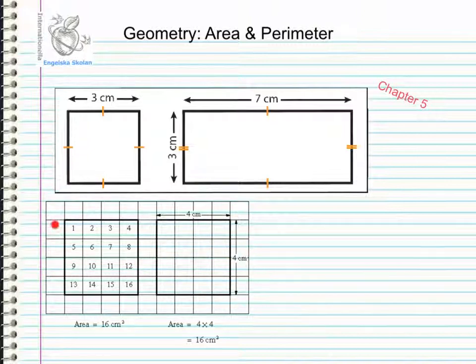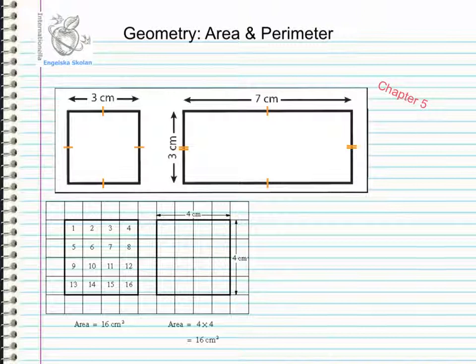If we take a look at this part of the square, we can see that it has been counted 1, 2, 3, 4, all the way up to 16. And this is showing us that the inside area, or the area of this shape, has 16 squares.